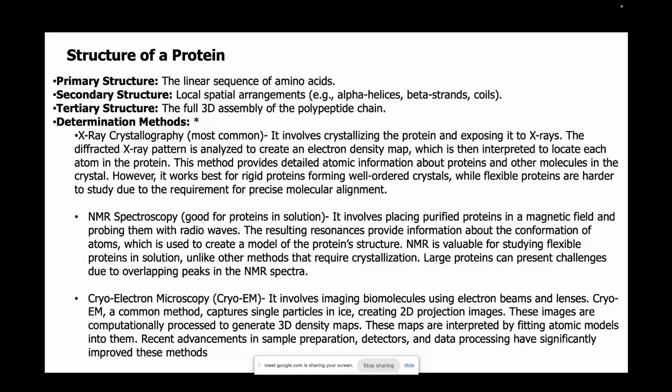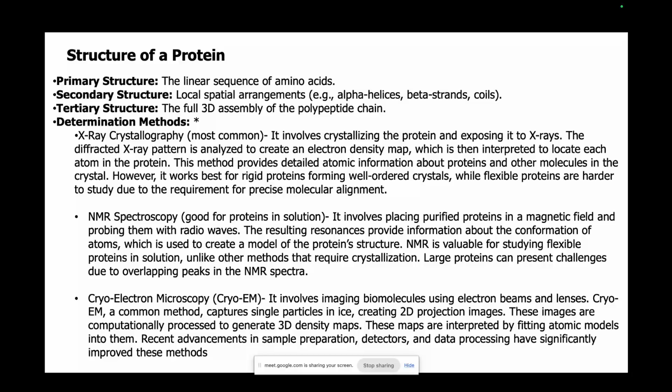So in NMR, the idea is that if you have proteins in solution, it is good for that. It basically involves placing purified proteins in a magnetic field and probing them with radio waves. When the frequencies match, they resonate, and the resulting resonance provides information about the conformation of atoms, which is then used to create a model of the protein structure.